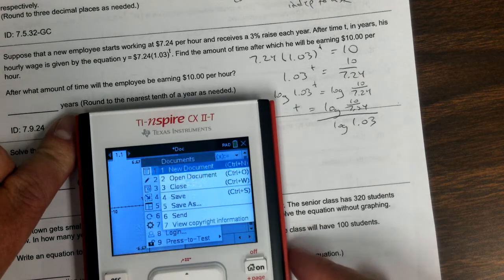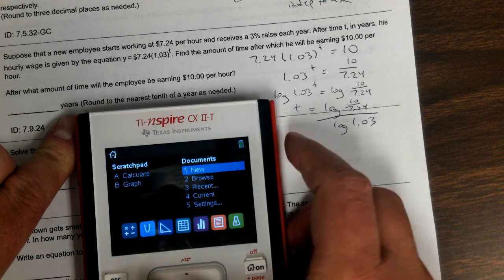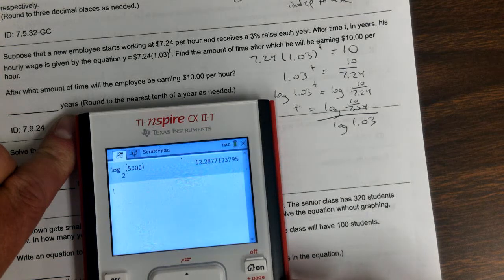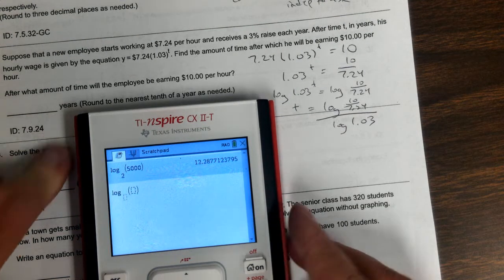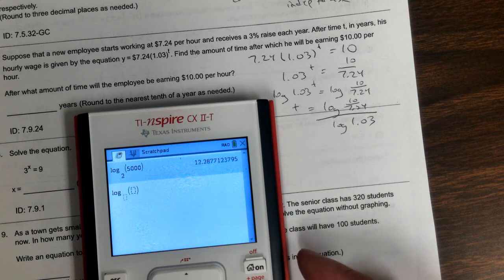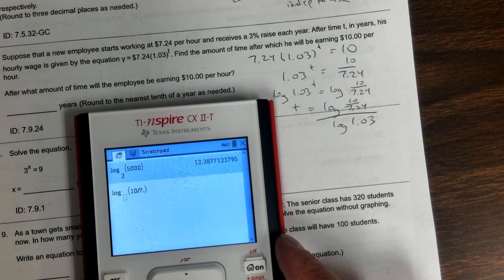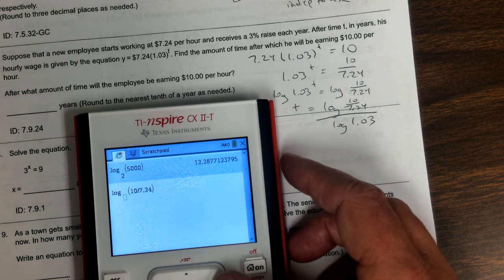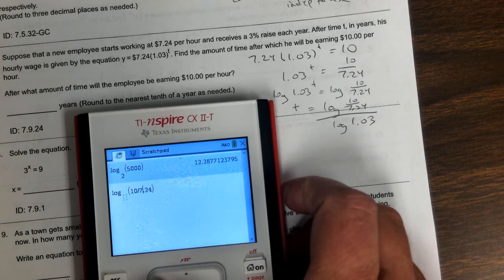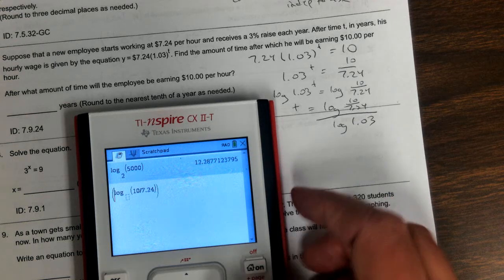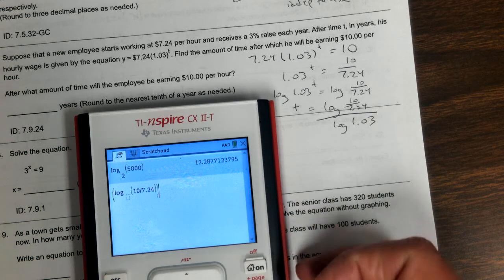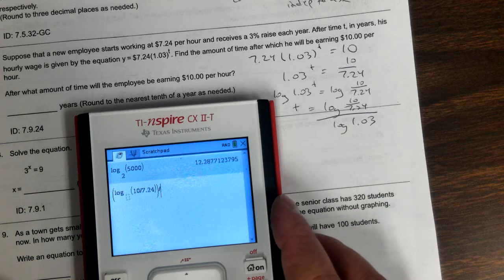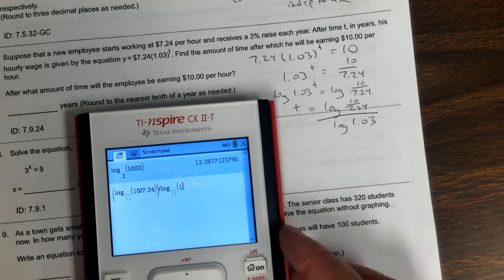Okay, so I would go to the calculate screen, or just a regular calculator part. Do log 10 divided by 7.24. Now I want all of that, so I've got to go to the front, do parentheses around all of that, and then divide that by the log of 1.03.